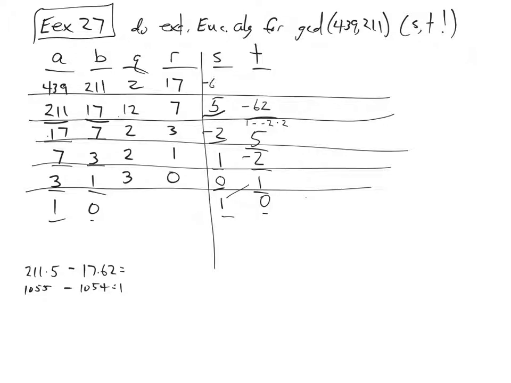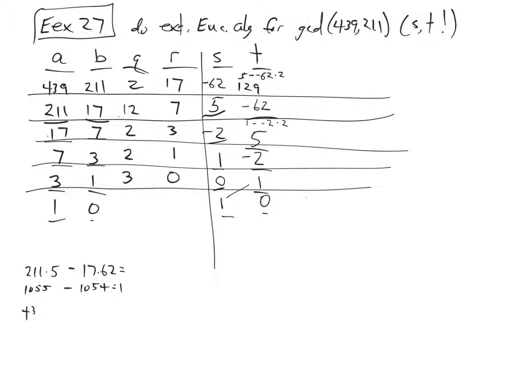So finally we get minus 62, and we get 5 minus 62 times 2. Yuck. So that's 62 times 2 is 124 plus 5 is 129. So does that check?